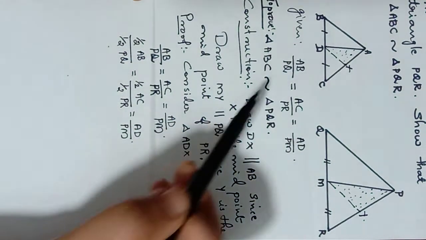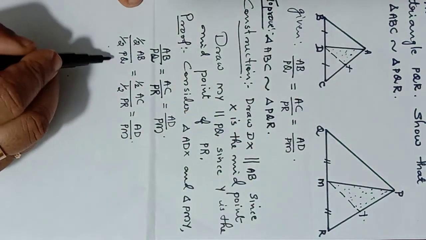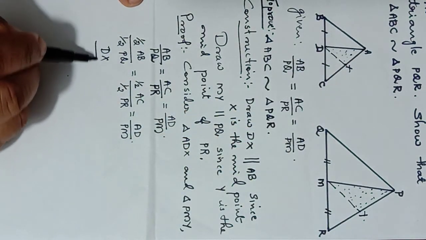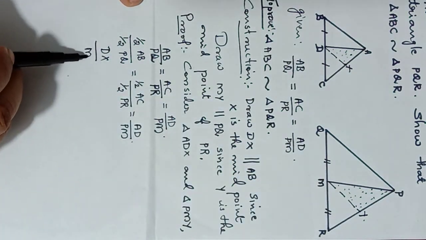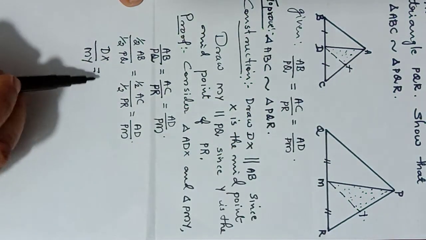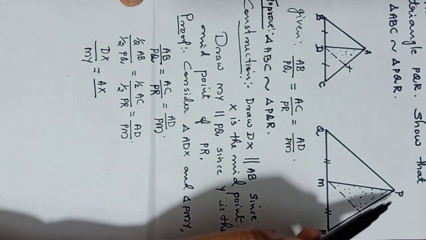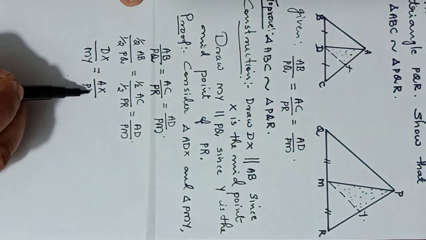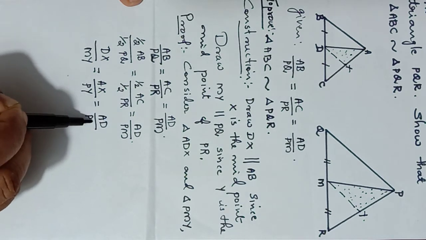Half of AB, as I told you, is DX by the midpoint theorem. Half of PQ, that is MY, equal to half of AC, that is AX, by half of PR, that is PY, equal to AD by PM.